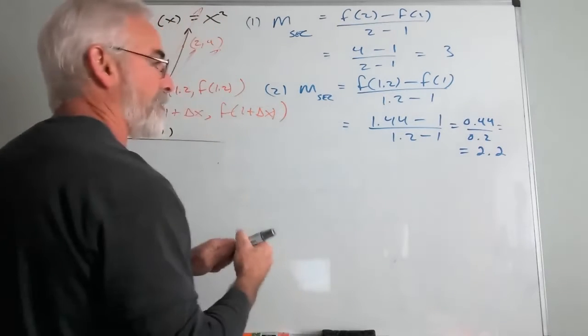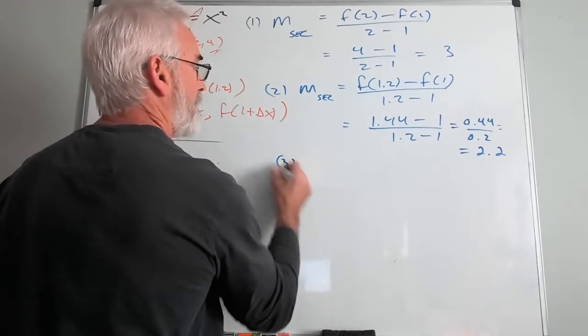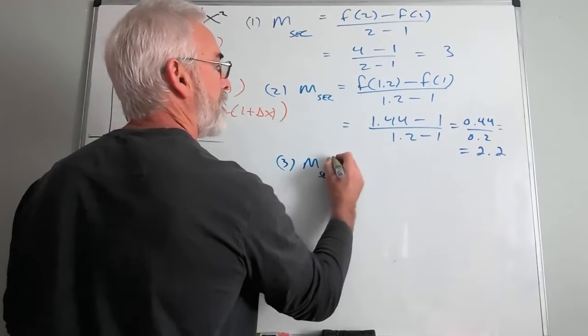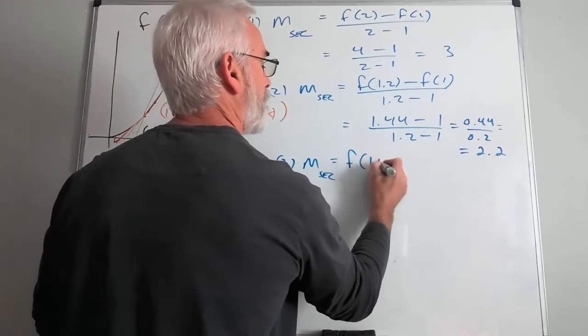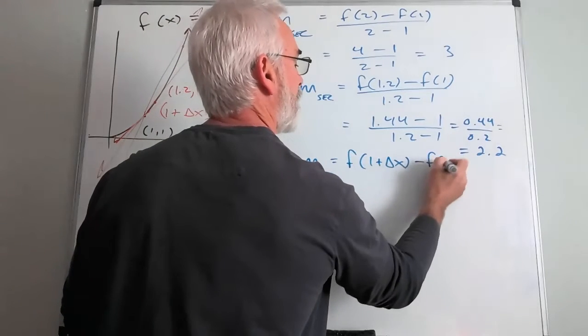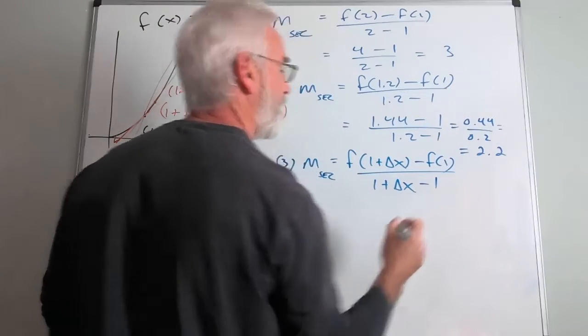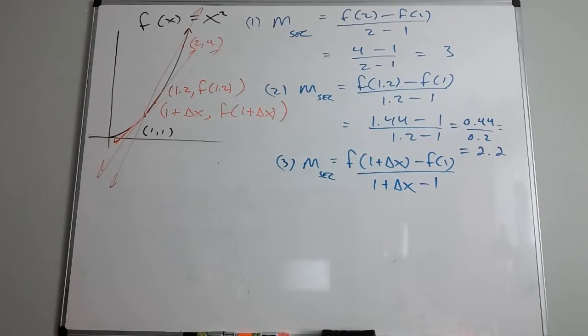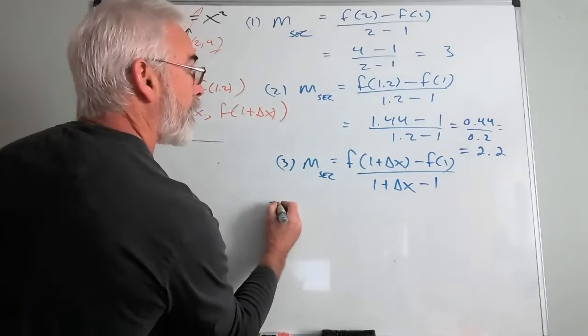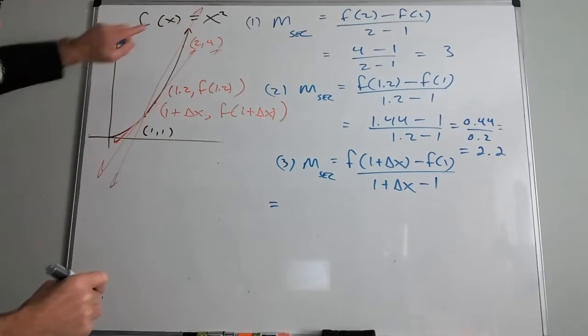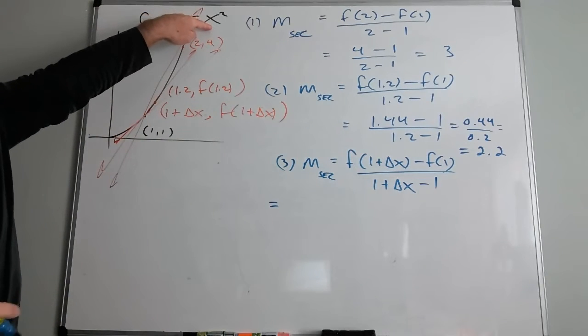So let's do it one more time. My third one is going to be f of 1 plus delta x minus f of 1 over 1 plus delta x minus 1. Well, that makes my denominator pretty easy. It makes my denominator just delta x. What's my numerator, though? Well, 1 plus delta x, I'm going to input here and then square it.